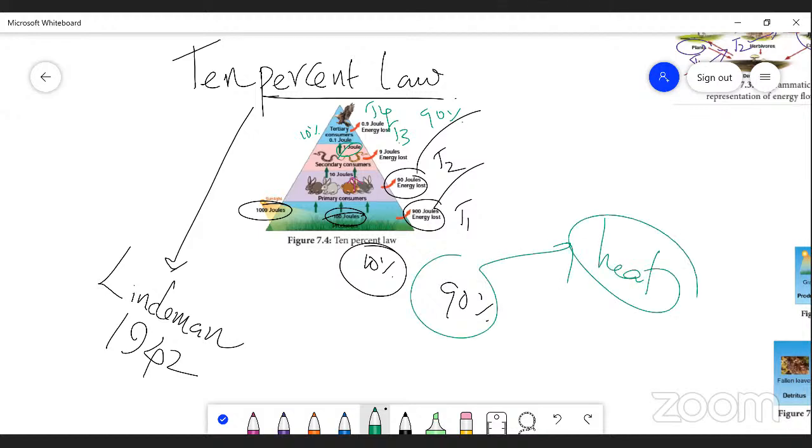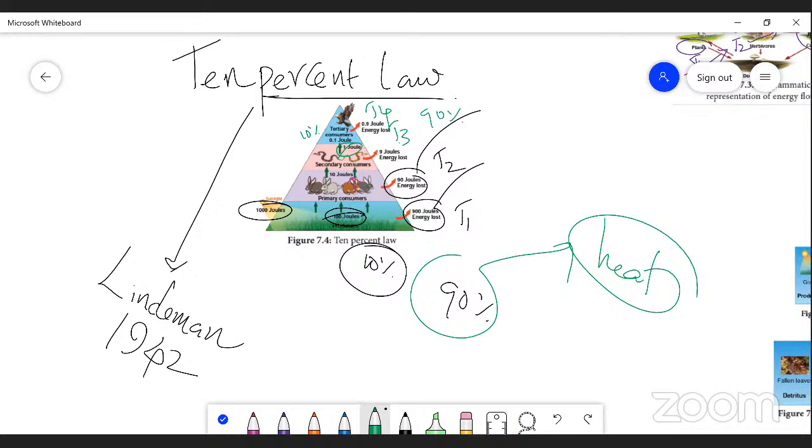So the maximum amount of energy is lost after respiration, after biological processes. So simply 10% is utilized, hence it is known as the 10% law, right? So the flow of energy can be explained by the 10% law, which was proposed by Lindemann in the year 1942. Here you can expect a question: write short notes on the 10% law.